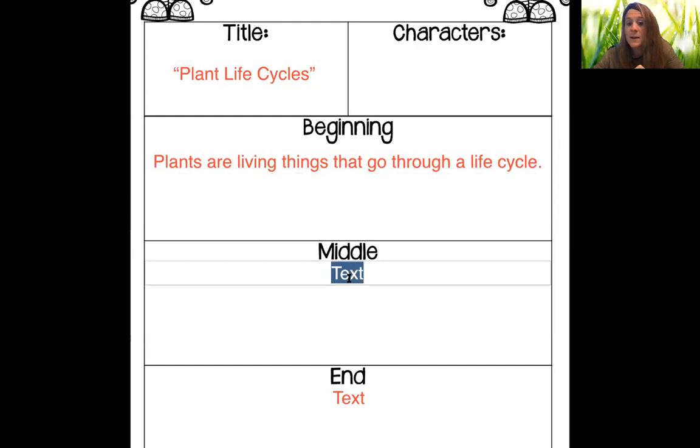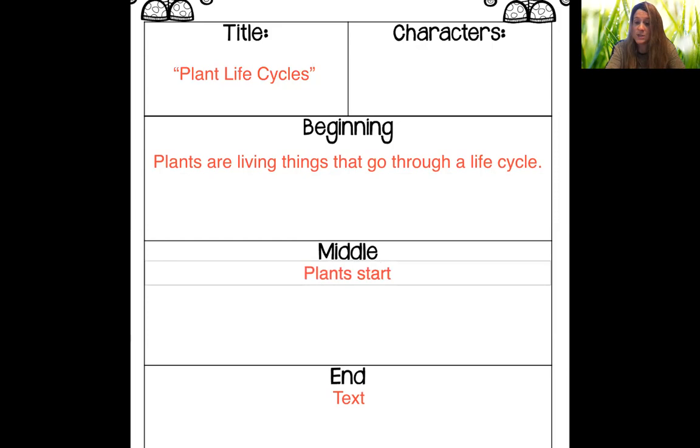Okay. What happens after it explains that plants are living things and it goes through life cycles? What does it tell us next? What do the plants start as, guys? Yeah, and then what do those seeds need? Good, you guys know this. I know you guys pay attention in science class, and you have been learning about this in previous years and a little bit this year. So, okay, I'm going to put together what you guys said.